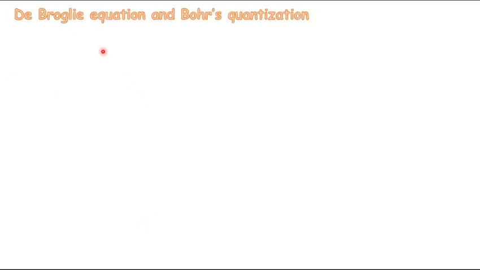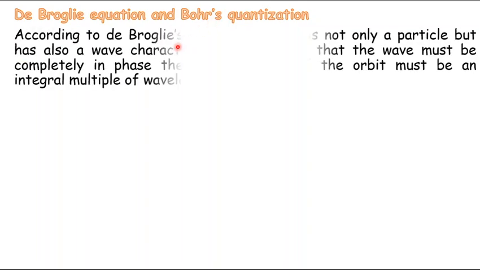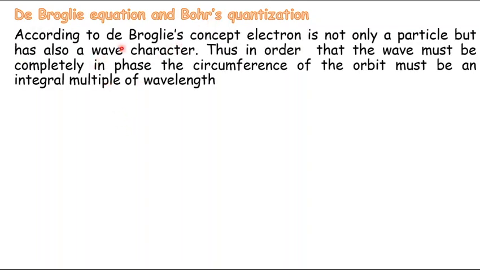Now, de Broglie's equation and Bohr's quantization principle. According to de Broglie's concept, electron is not only a particle but has also a wave character.